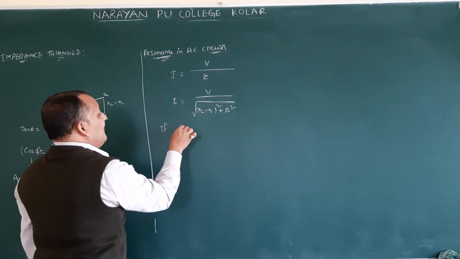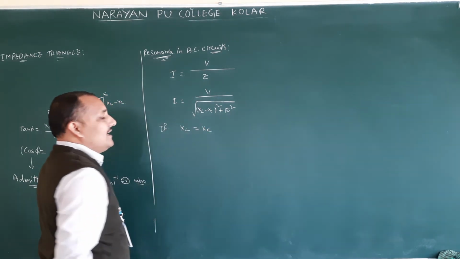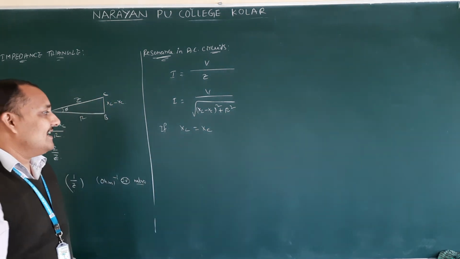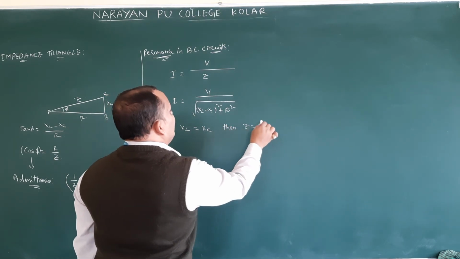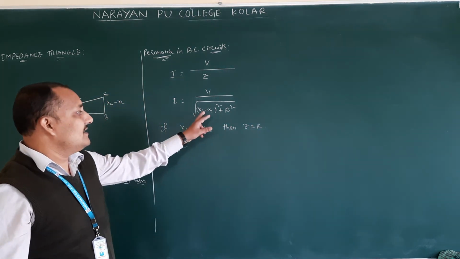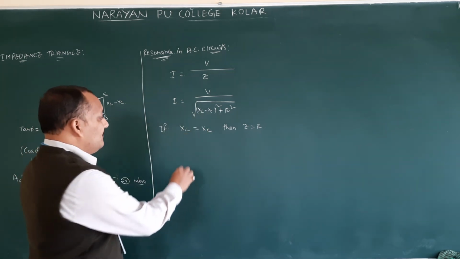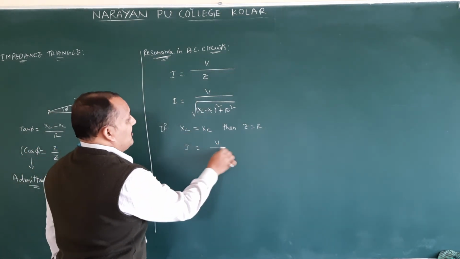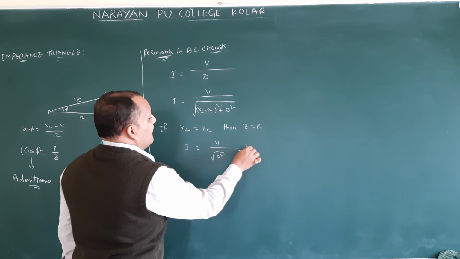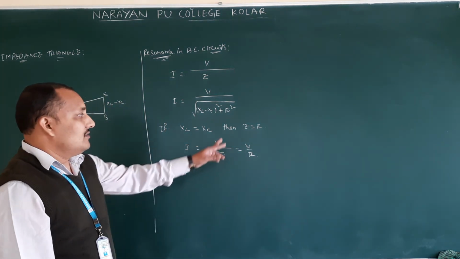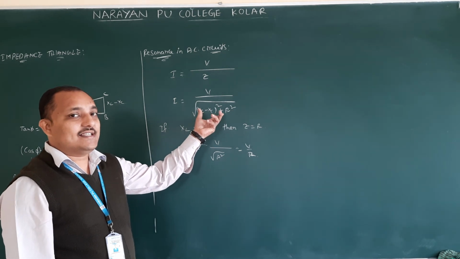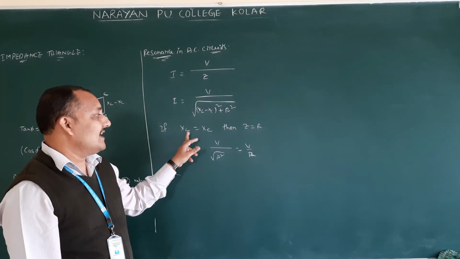So what we said, if XL is equal to XC, then Z is going to become R. Why? Because this term is going to become 0. Then I is nothing but V by root R square, V by R, isn't it?